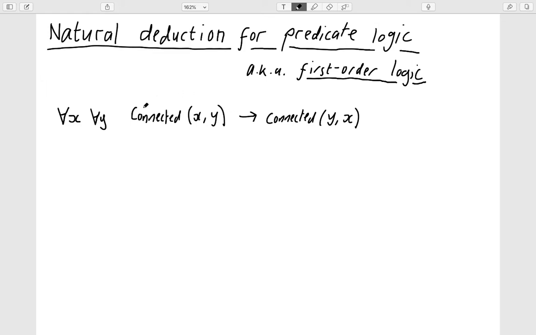So here we get back into the world of formulas that have truth values, and this formula as a whole also will have a truth value, so that we could take it as an axiom for our notion of connectedness that it should satisfy this symmetry property, as it's called.